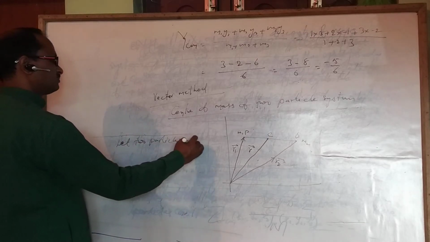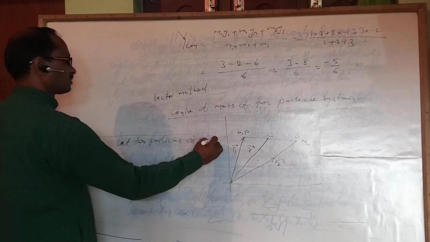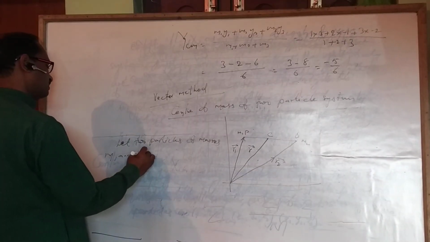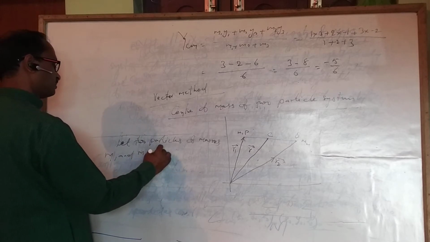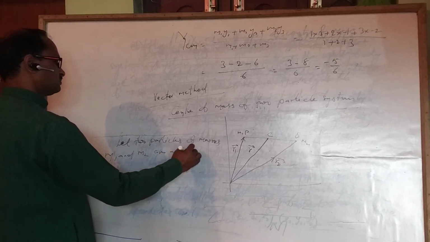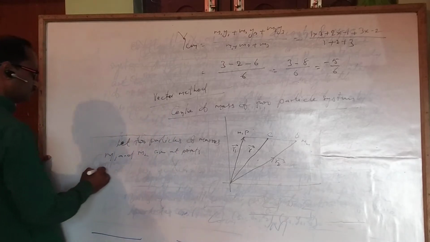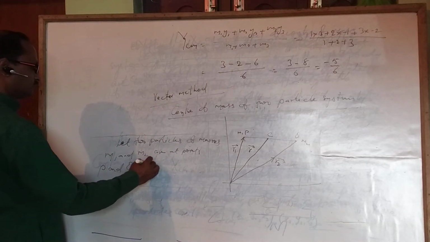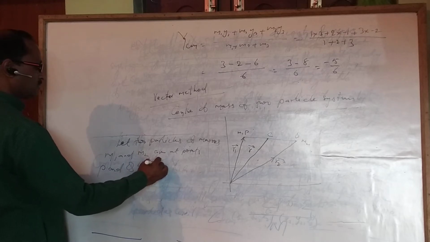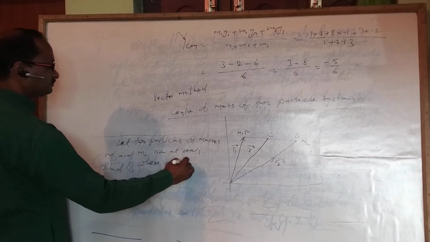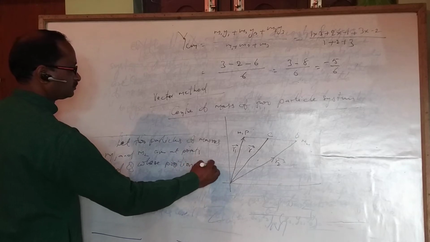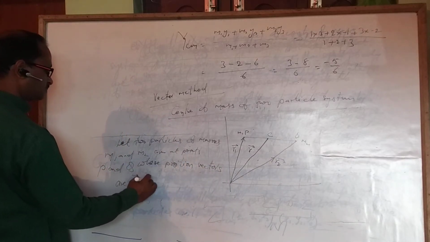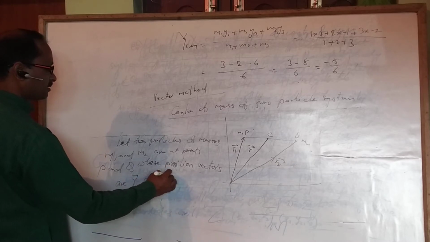Let two particles of masses m1 and m2 be at points P and Q whose position vectors are r1 and r2.